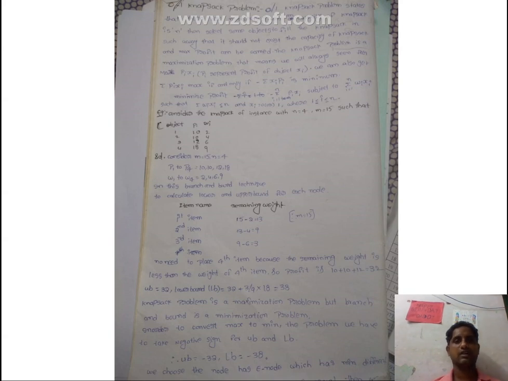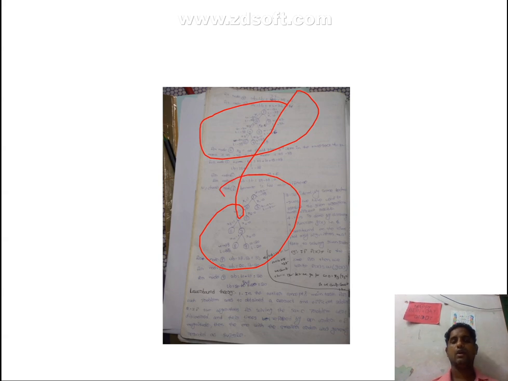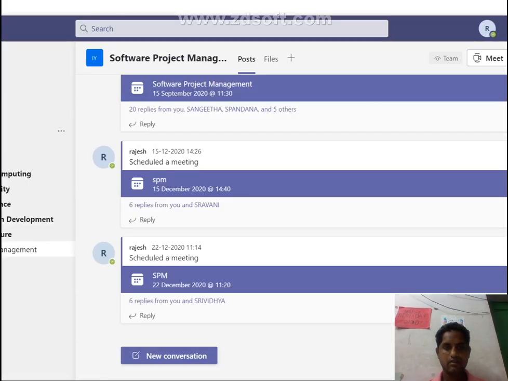In that way, we construct each and every tree. Likewise, we construct the trees based upon the distance, and we construct the values. This is the 0-1 knapsack problem.